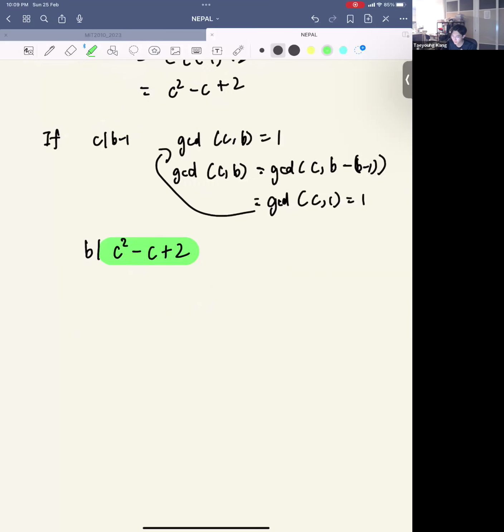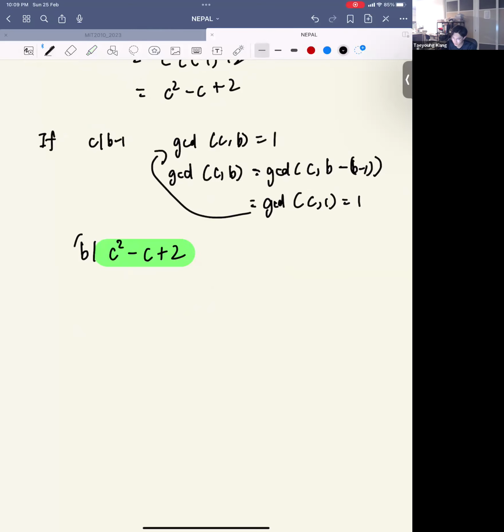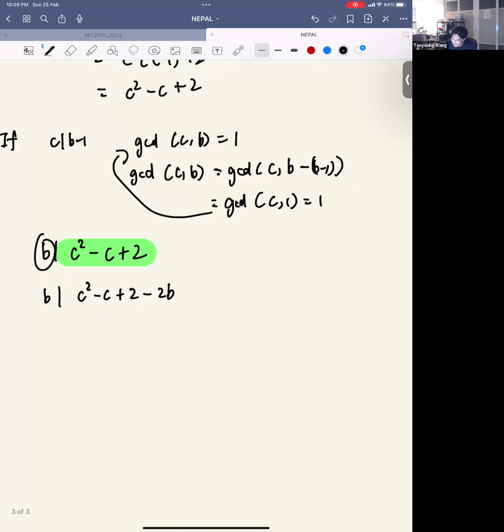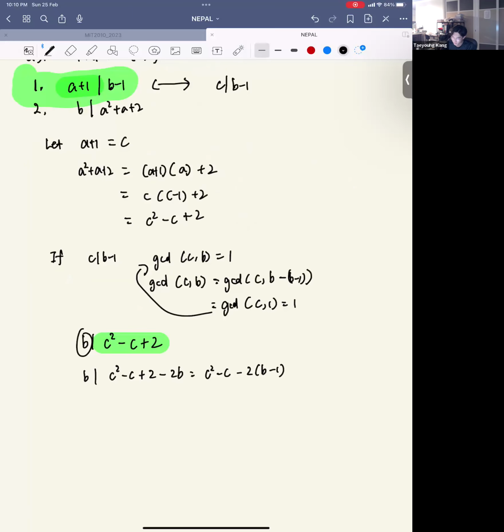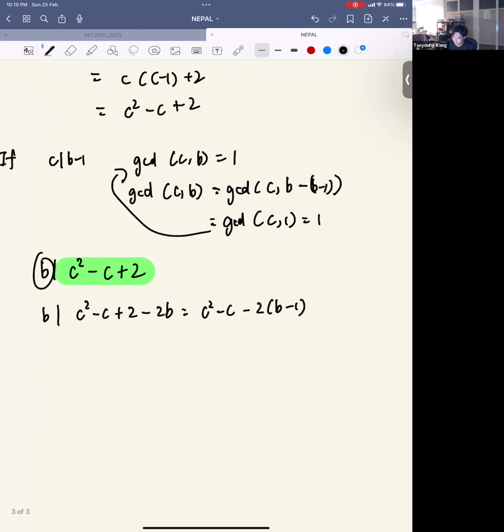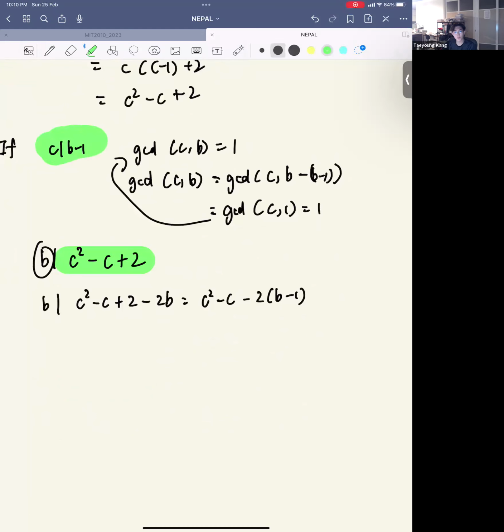And the way we can make the left-hand side a degree 2 expression is by noticing that B also divides C squared minus C plus 2 minus 2B. You guys agree? And what is this? This is equal to C squared minus C minus 2(B minus 1). And what do we have? Condition 1 states that C divides B minus 1, right?